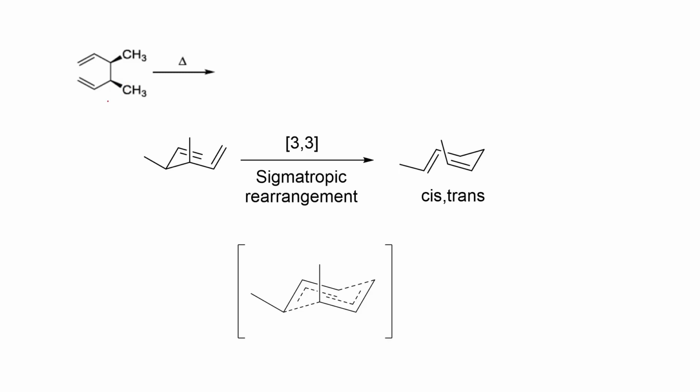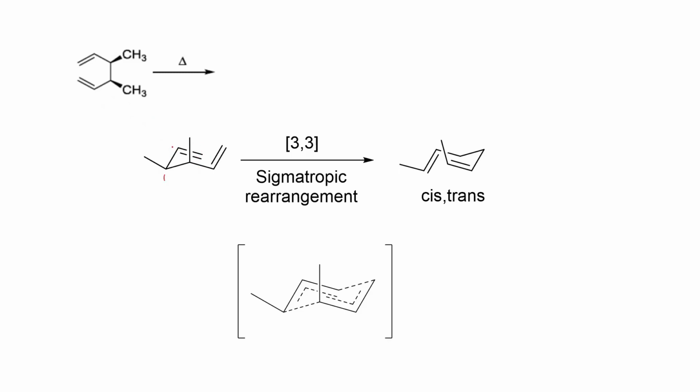So there are many possibilities like skew boat, chair, half chair, boat. But in this case we have to draw our structure in the chair form, and that chair form should be the most stabilized form. For that we can redraw it like this. Let's do the numbering again.